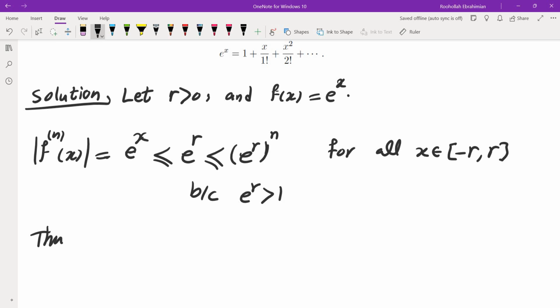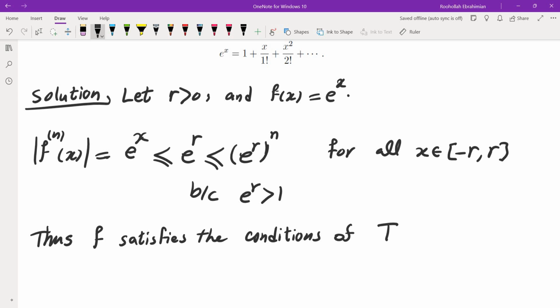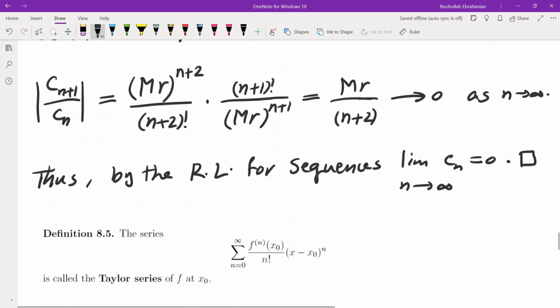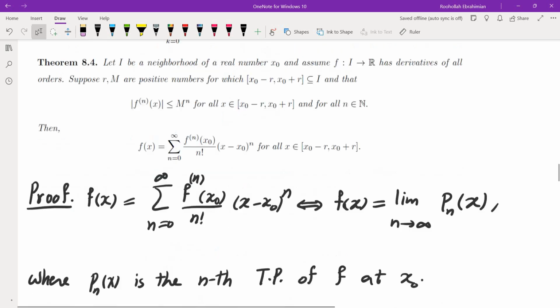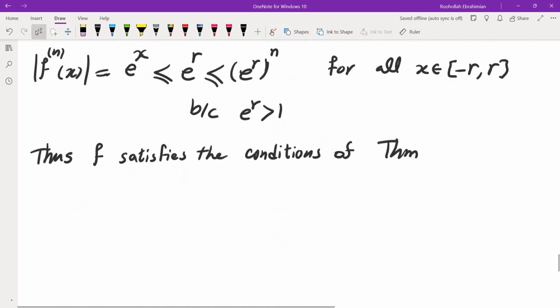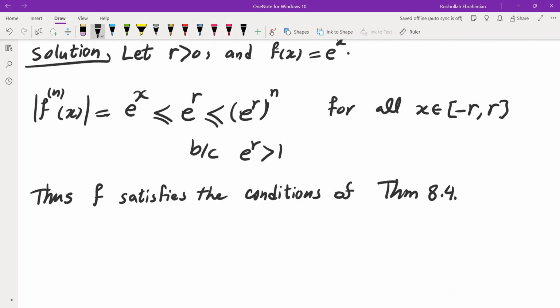So thus, f satisfies the conditions of the theorem that we just proved, 8.4, with m equals e to the r.